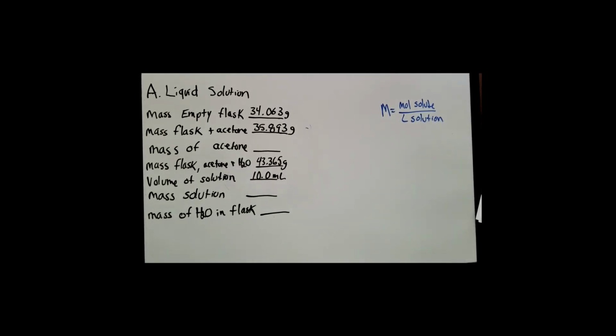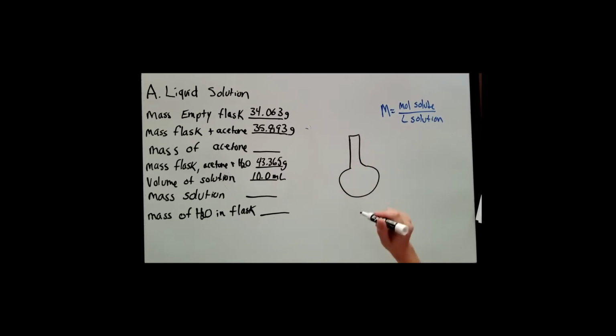There are two parts. Part A is a liquid solution. If you were in lab, what you would have seen is me take a volumetric flask, which looks something like this, and make a solution. Volumetric flasks are a very accurate way to make solutions. These flasks are specifically made to a certain volume.